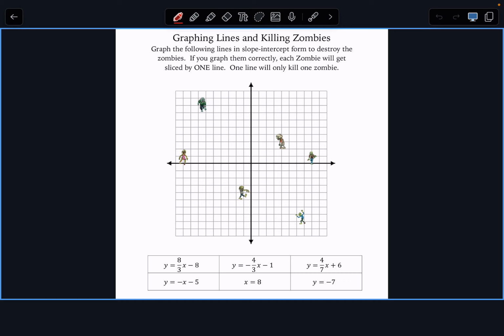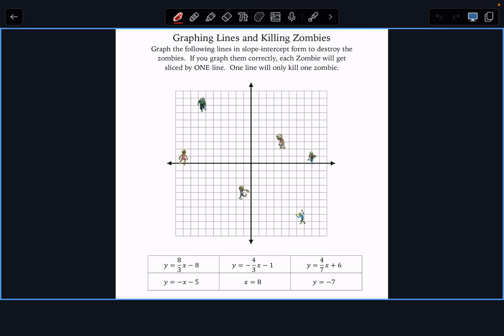But where do you gotta start at? What was the point in the next statement? Now you're gonna take your ruler and connect those. And you should slice through a zombie. I feel like it's 8. So now your slope is 8 over 3. Oh, yeah. So now go up 8 over 3. Rise over run.